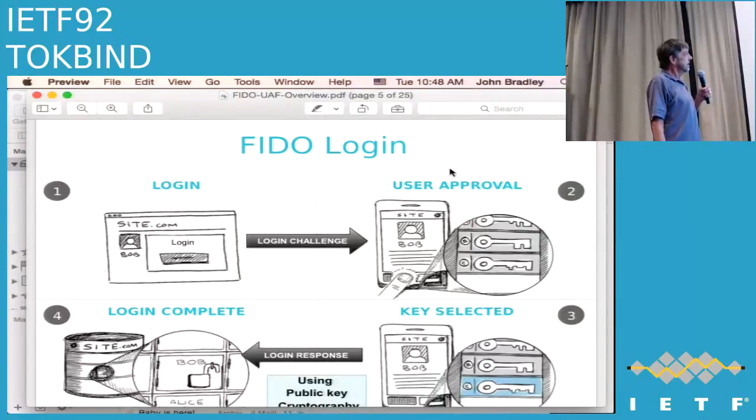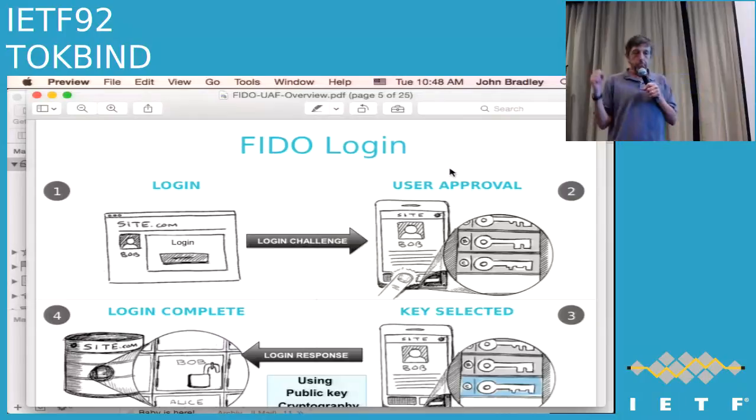Therefore neither the reusable shared secret nor the public key are reusable credentials in the sense of an attacker getting their hands on them, because the attacker would have to get the key store with the private key in it and be able to wield that also.